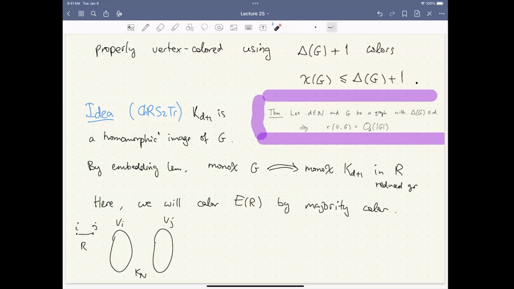We need to prove that there is a capital N that's linear in the order of the graph G, such that when you give a two-edge coloring of it, we can find a monochromatic copy of G. So in K_N, the corresponding V_i V_j in the multicolor regular partition, you will see two kinds of edges, red or blue. And you have all edges between them. So density is 1. And since there are two colors, one of the colors will have density at least 1/2.